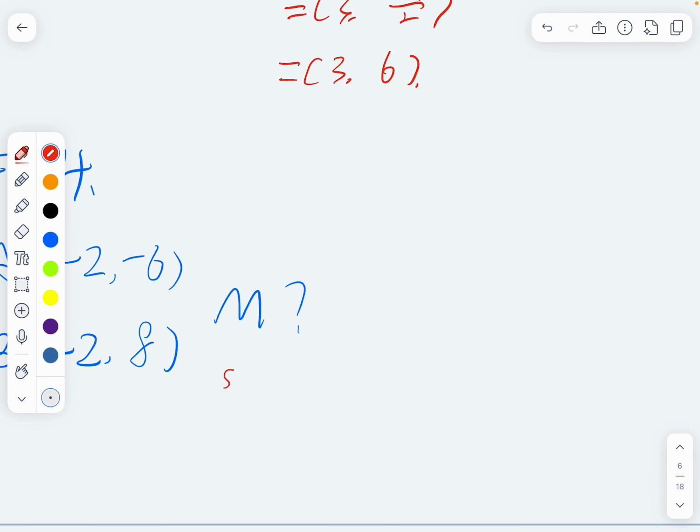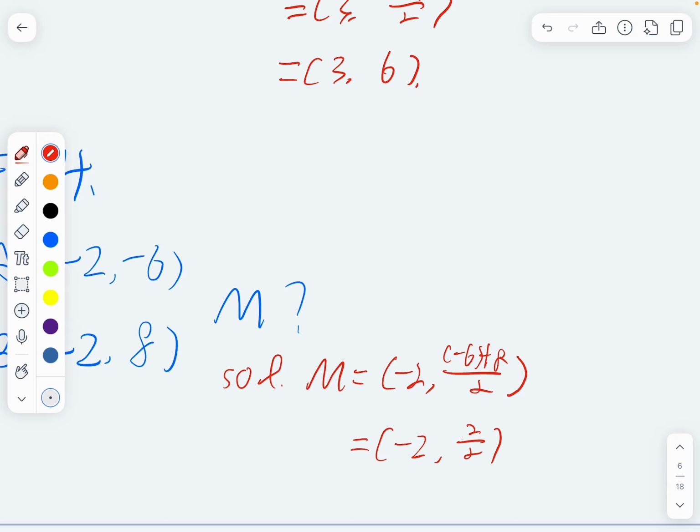The same way, the x values are equal and the y is (negative 6 plus 8) over 2, so that will be 2 over 2, equal to 1.